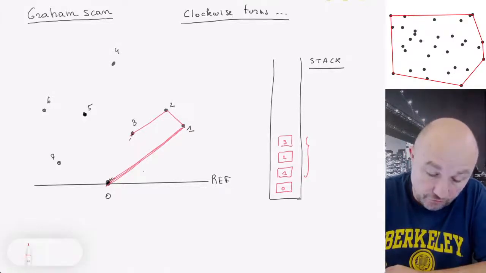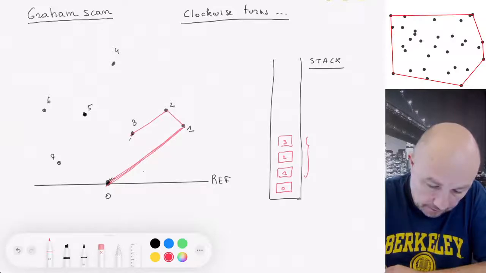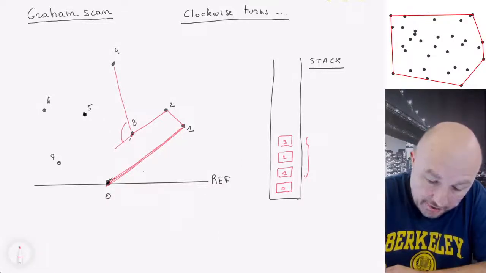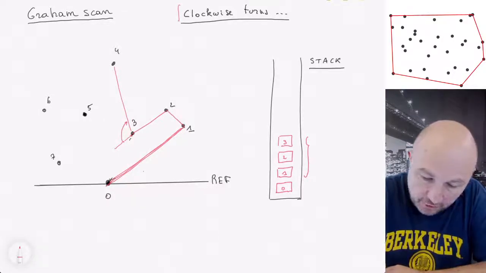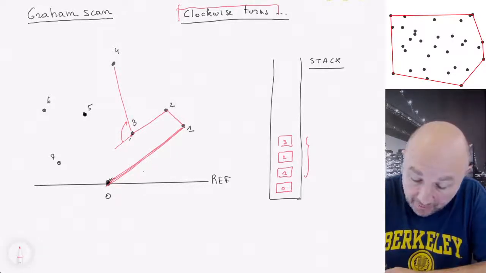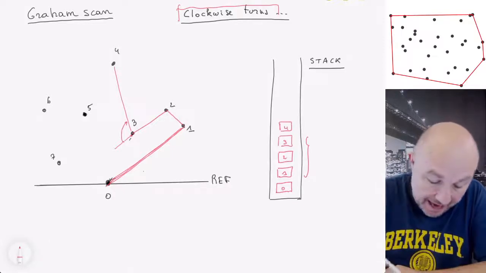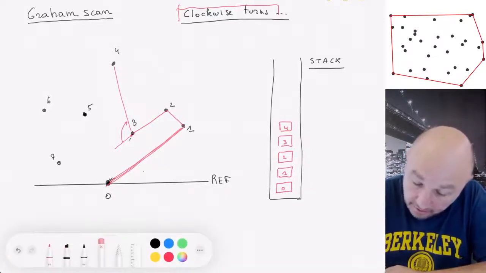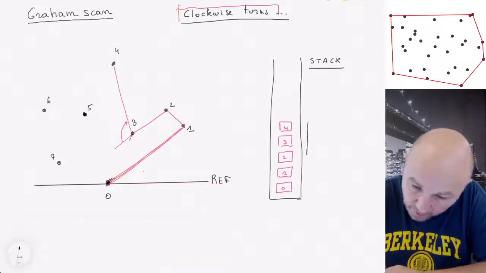Let's move now to 4. Okay, so if you take 2, 3, 4, this is a clockwise turn. And we hate clockwise turns. We don't want to do anything with those clockwise turns. So when I put 4 into it, I just find out that, in fact, this set is doing a clockwise turn.